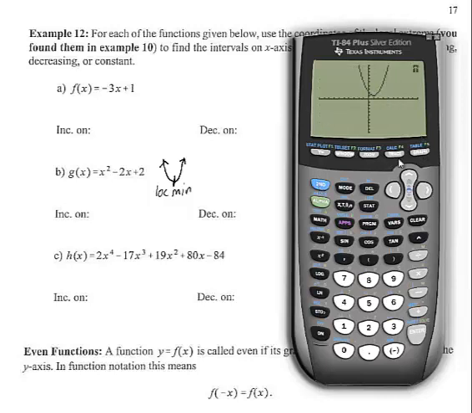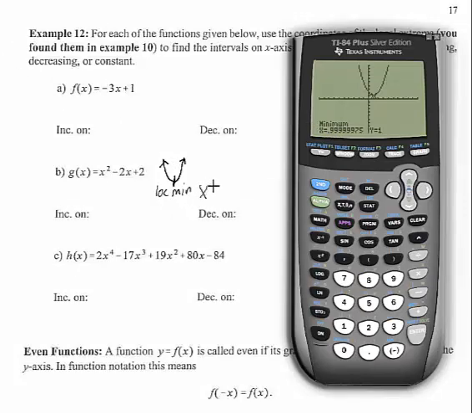I will quickly go to calculate, select minimum, arrow to the left of my minimum, enter, arrow to the right of the minimum, enter, enter for a third time, and again, sometimes this minimum function can approximate or not give you an entirely accurate number. I'm simply going to call this x equals 1.